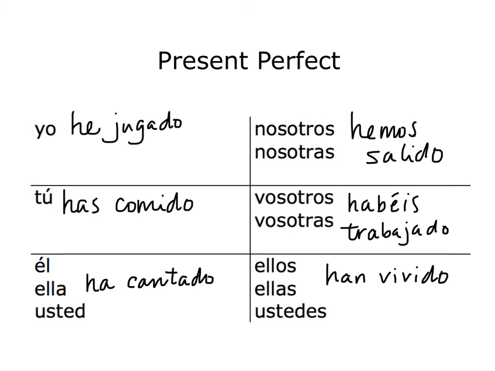One really important difference in Spanish, if you want to say that I have not played or they have not worked, is where you put the word no. In English, it's have not or has not. In Spanish, nothing goes in between the two pieces of the compound, so we're going to have to put the no someplace else. It goes in front.